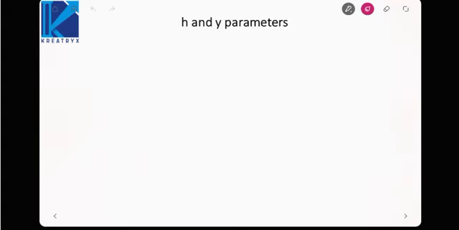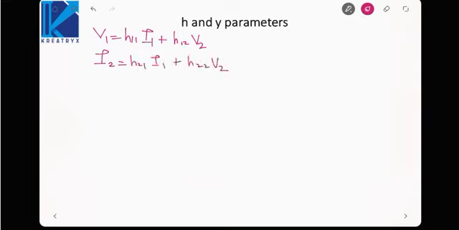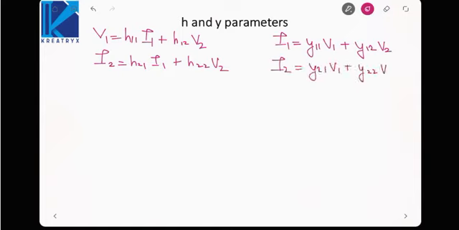Similarly, we can express H parameters in terms of Y parameters. So, the relation in terms of H parameters is V1 is equal to H11 I1 plus H12 V2. I2 is equal to H21 I1 plus H22 V2. In terms of Y parameters, it is I1 is equal to Y11 V1 plus Y12 V2. I2 is equal to Y21 V1 plus Y22 V2.